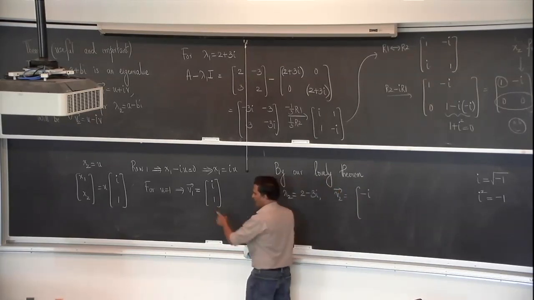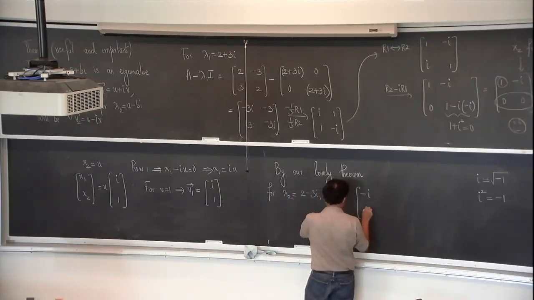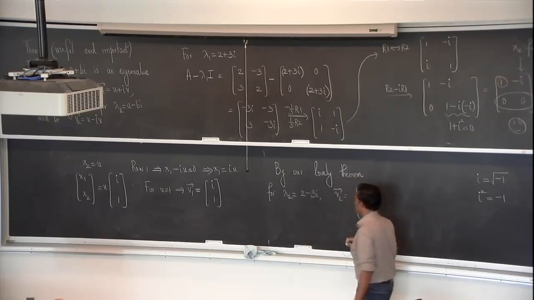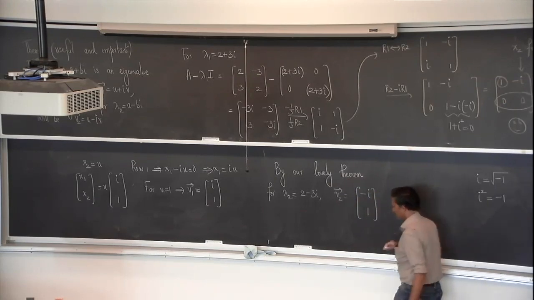Remember, it's just conjugating it. The sign of i should change to a negative i. 1 will remain as 1 because that's a real number. Don't multiply both by a negative, it's just a multiple of that vector. So it's (negative i, 1).